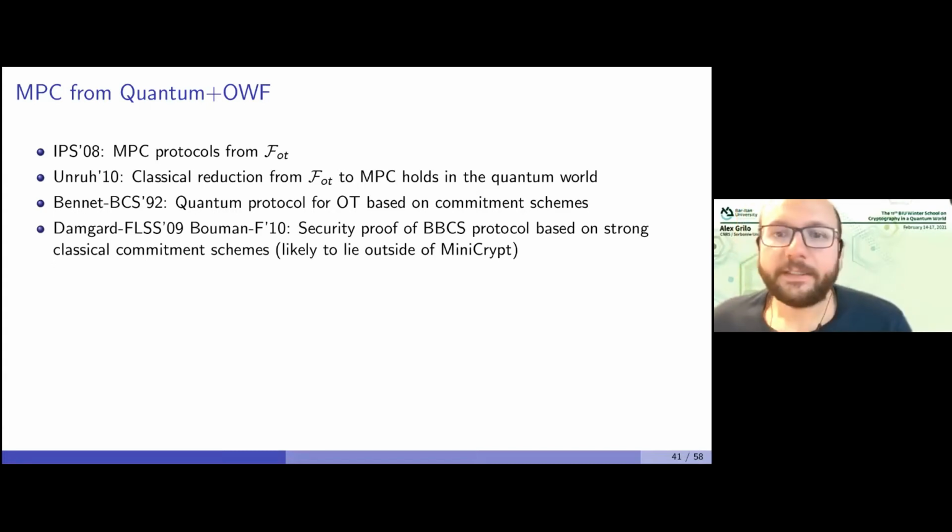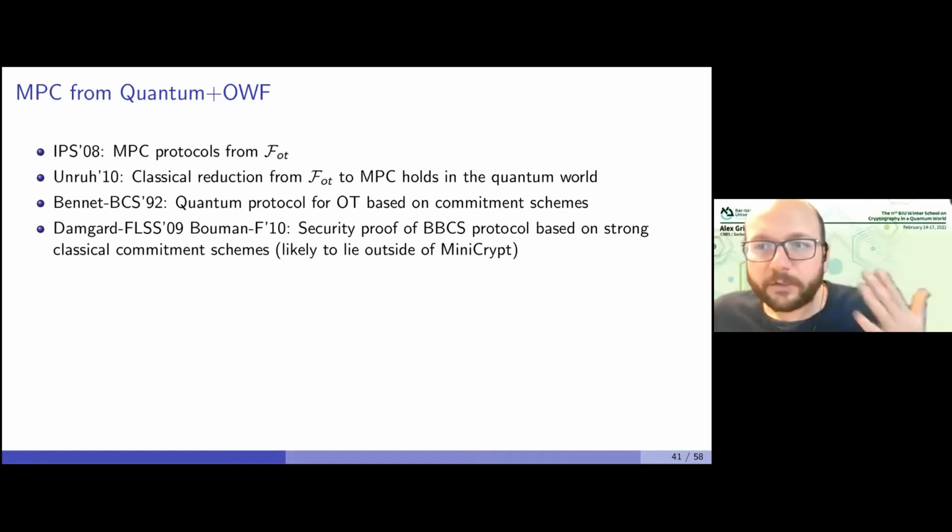In particular, these strong classical commitment schemes that we need in order to instantiate this BBCS protocol likely lie outside Minicrypt. So the point is, if you can build these extractable commitments classically, you can implement, for instance, key agreement.